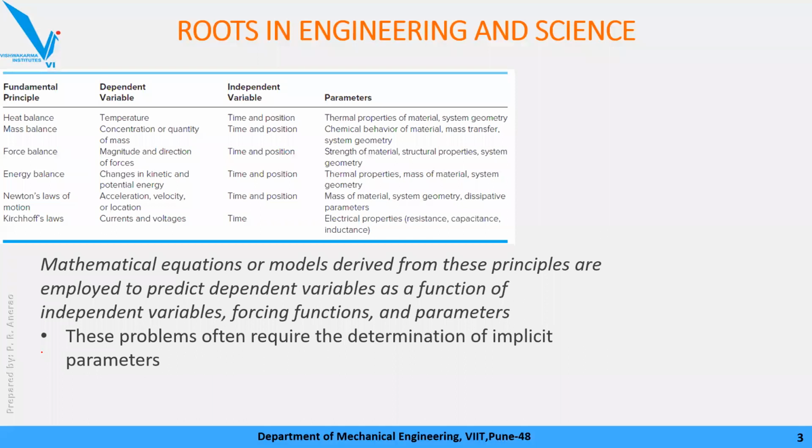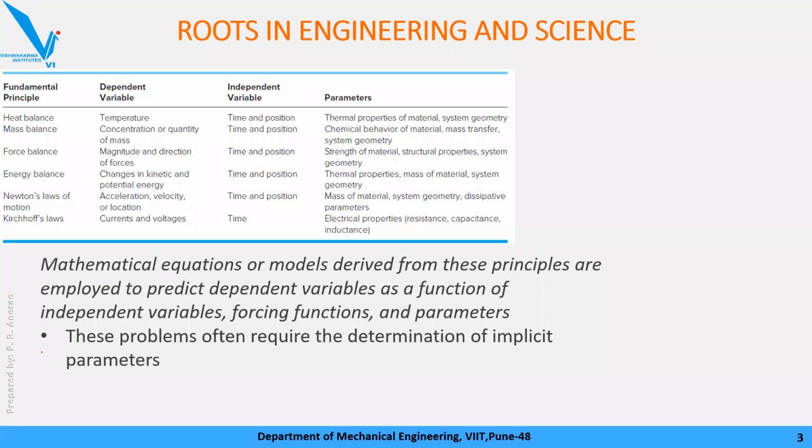Those models consist of a dependent variable, which is a function of some independent variable, forcing function, or parameter. Now we need to solve them, but rarely will we be able to solve them explicitly.